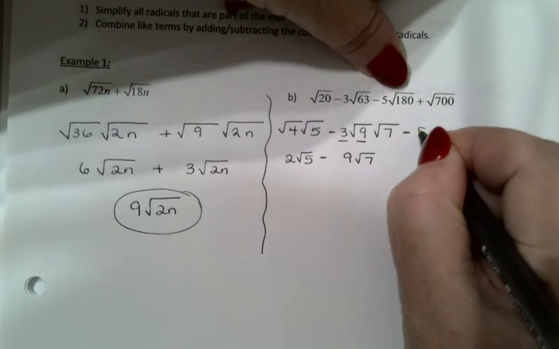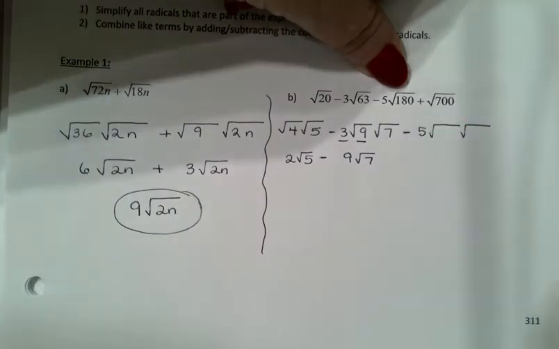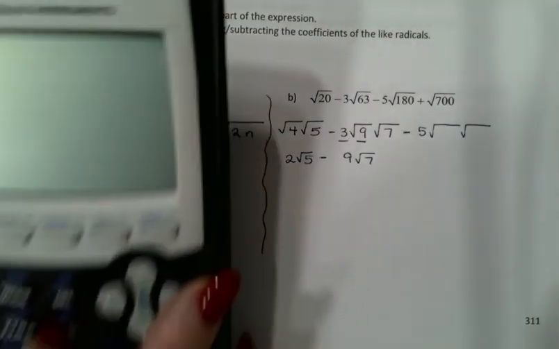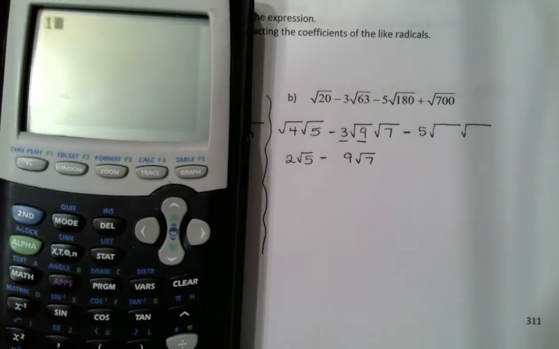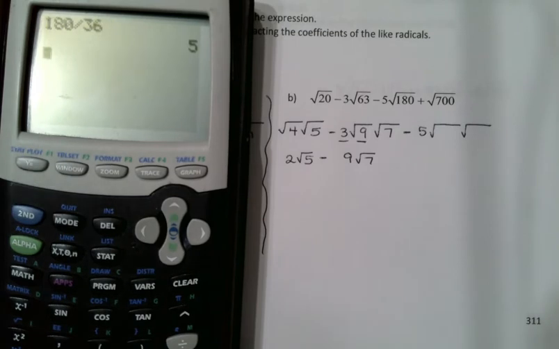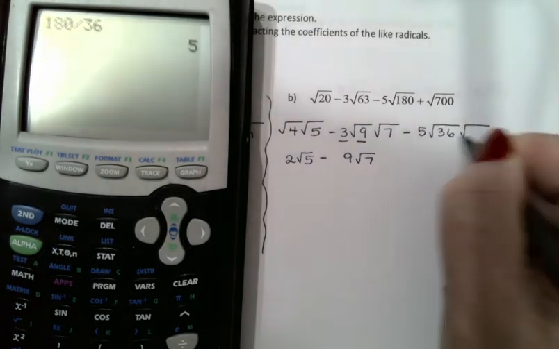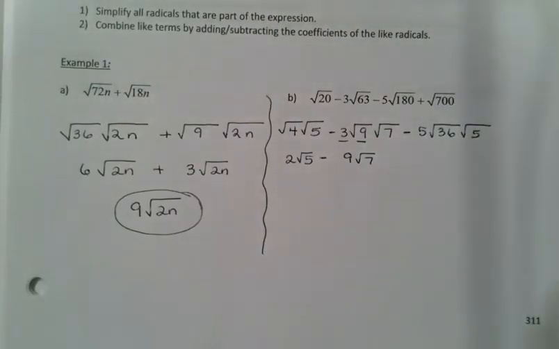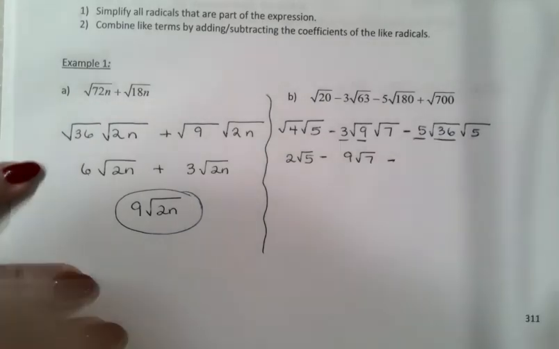minus 5 times, and I'm looking at that 180. I think 36 goes into that. Let's just check. Yes, 36 times 5. So minus 5 times 6, right?